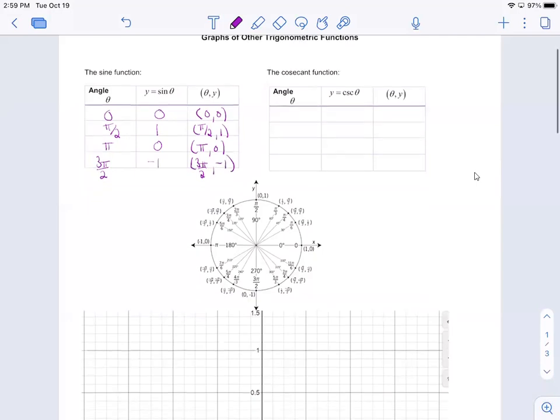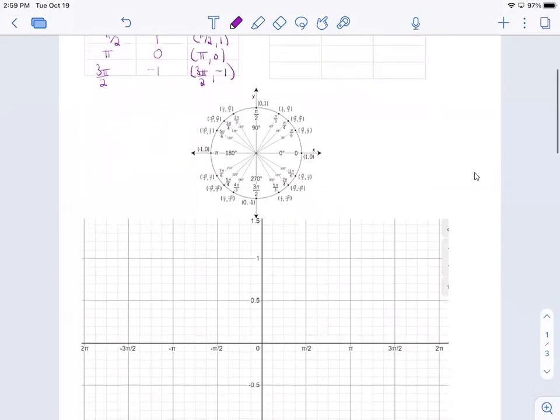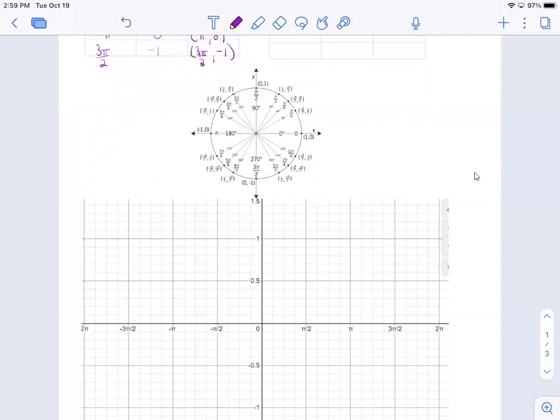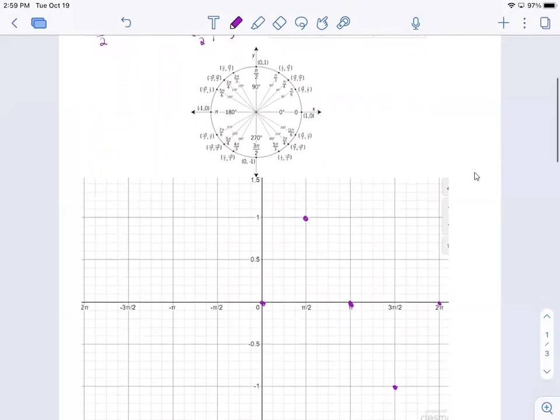All right, I'm going to go down to our graph that's provided and plot those points. So 0, 0; pi over 2, 1; pi, 0; 3 pi over 2, -1. And remember, if you hit 2 pi, you'll hit 0 again. Now, we talked about how sine is an odd function, so I'm hoping this feels comfortable, that I can go ahead and come up with the other side without doing any work.